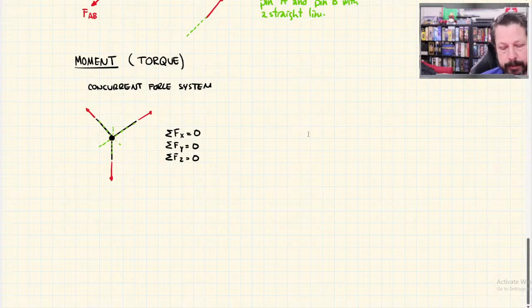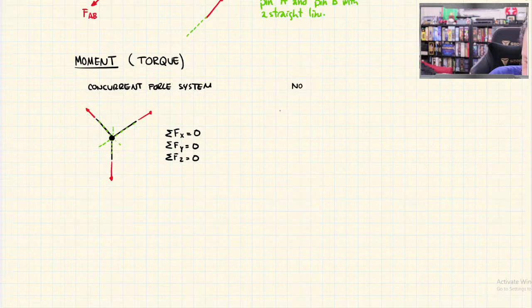So we need a little bit more. Let's take the simplest of simple trusses, which is just one beam. I don't know if that counts as a truss because it's not connected to anything, but let's just take the simplest thing. So over here, let's do non-concurrent.